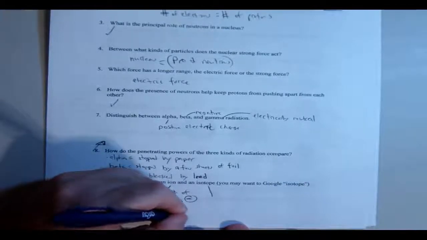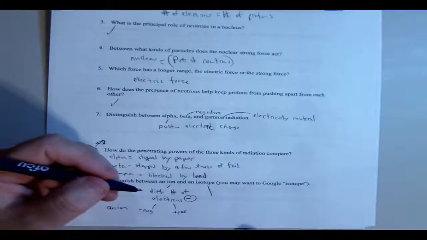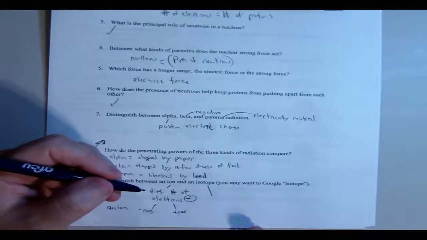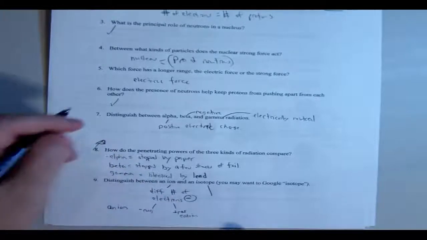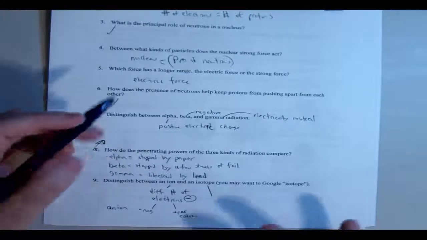If it is positive, meaning it's missing electrons, it is called a cation, I believe, and I don't remember if I'm spelling that right, but sound it out. So, ion equals a charged particle, either positive or negative. That's easy.